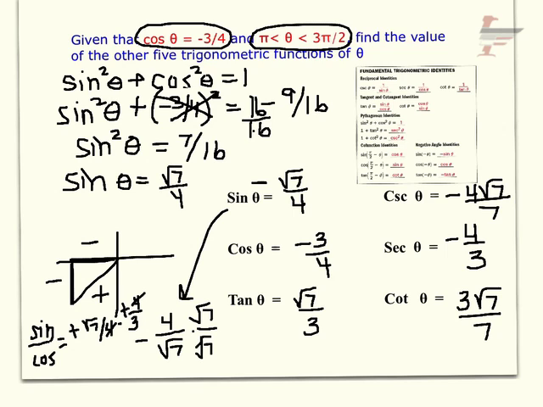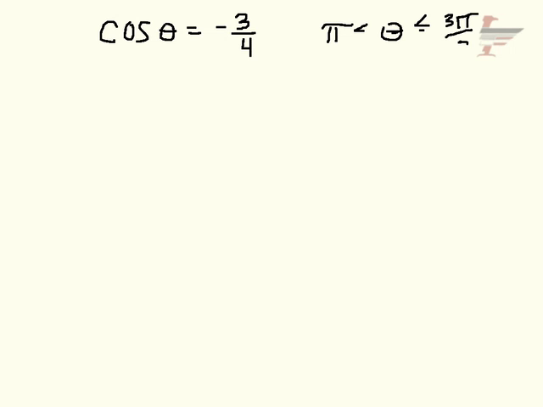Now I'm going to take this same problem and just work it out geometrically, and I'll go through that a little bit quicker here. So cosine theta equaled -3/4, and we were told that theta had to be between pi and 3/2 pi.